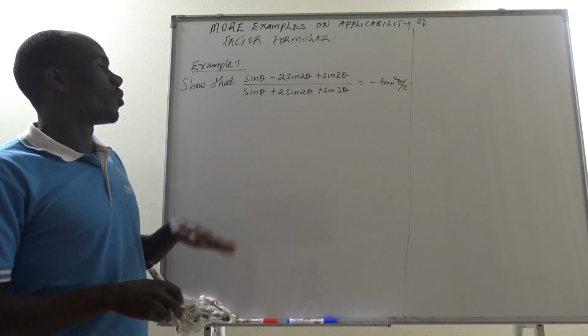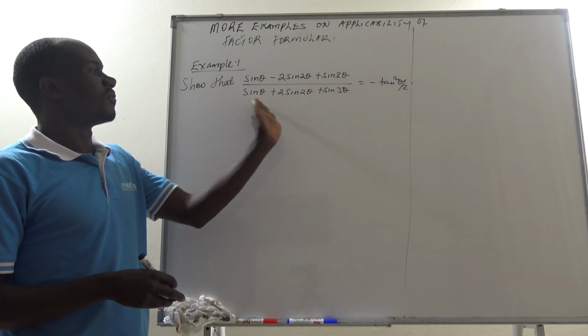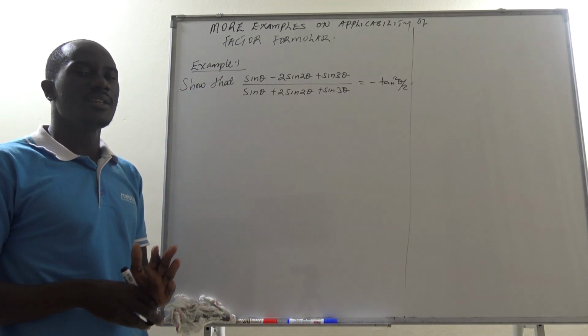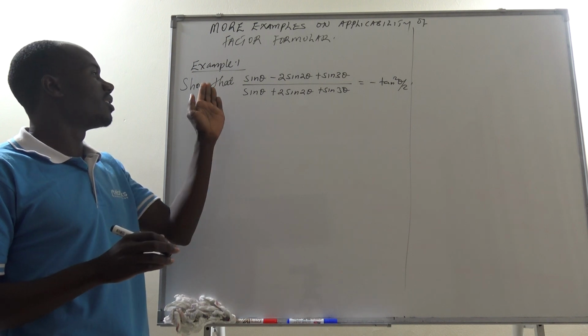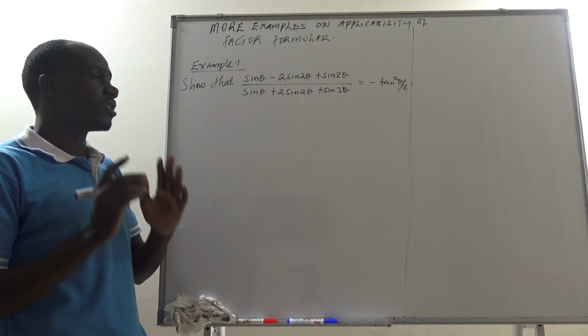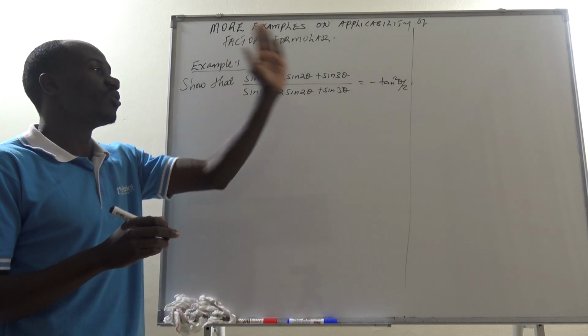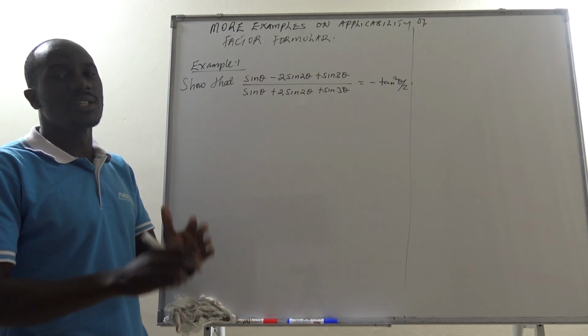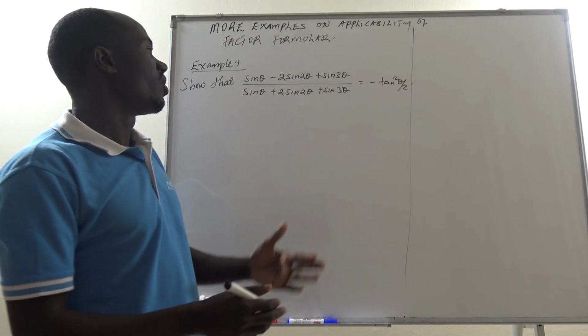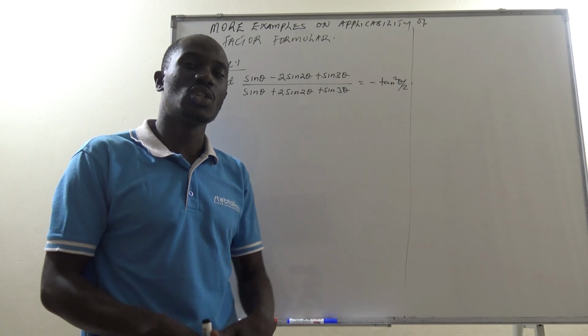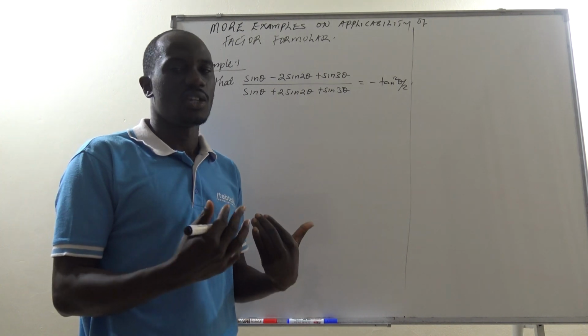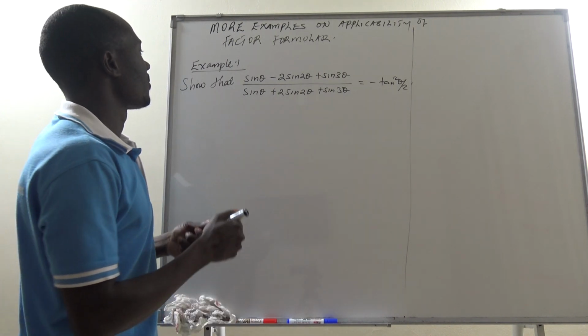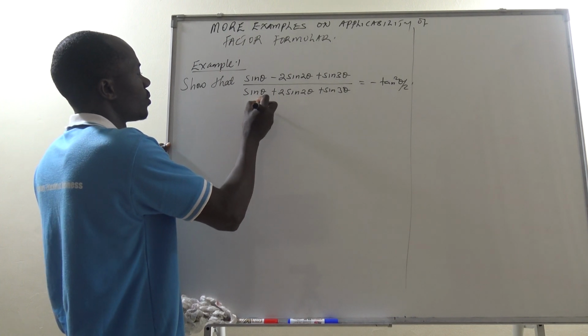So we want to show that the left hand side equals the right hand side. When there is the word show, strictly start from the left hand side, then go to the right hand side. But if it is talking about proof, you can start from any side which is easier to derive what we want. So we can look at our solution.